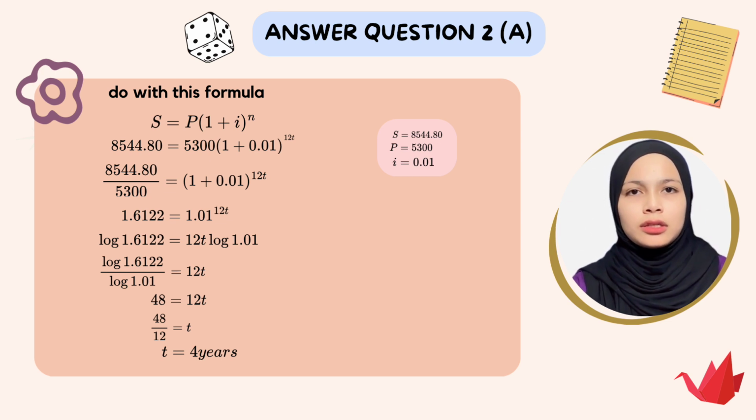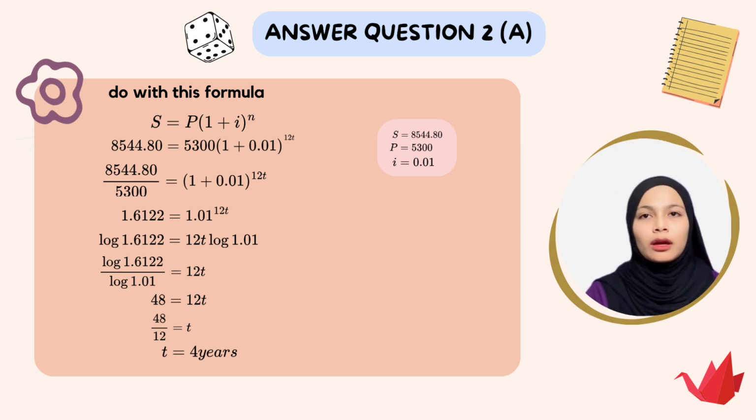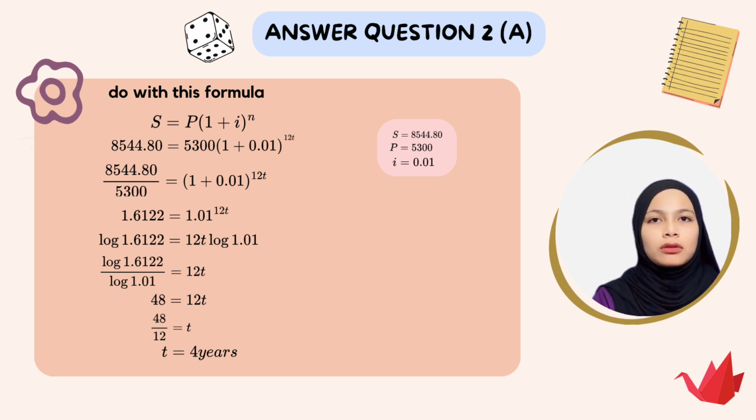I is 0.01. 8,544 ringgit 80 cents equals 5,300 ringgit, bracket 1 plus 0.01, bracket, to the power of 12t.